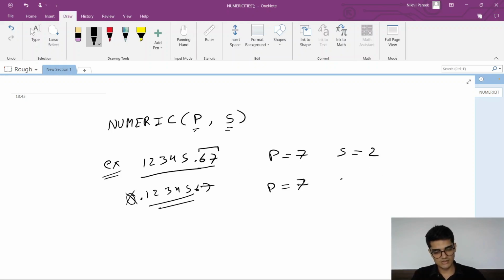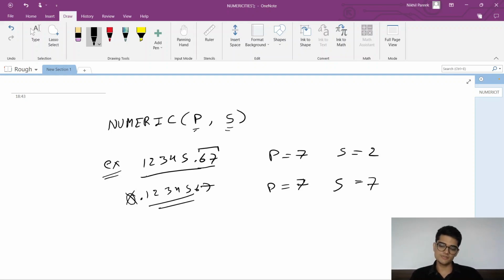What will be the scale? It will be 7 as well, because all the digits are after the decimal point, and the digits after the decimal point are the scale. So now you know what precision and scale are.